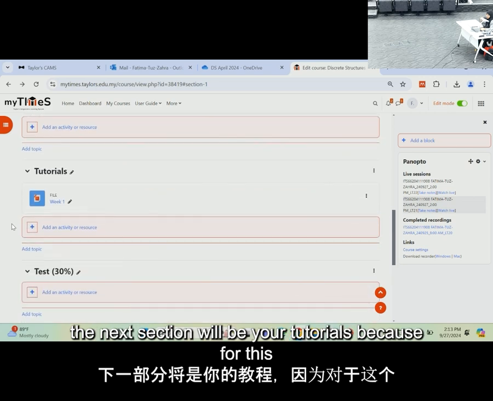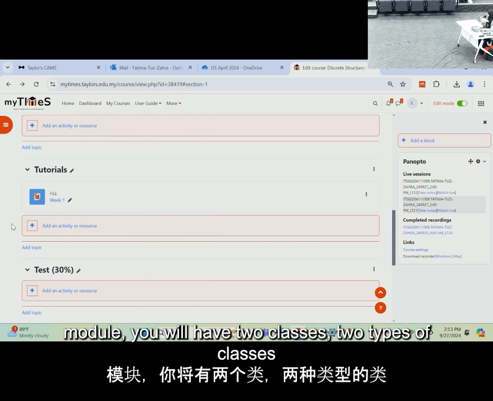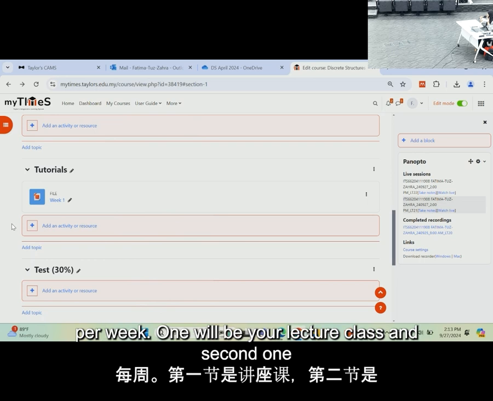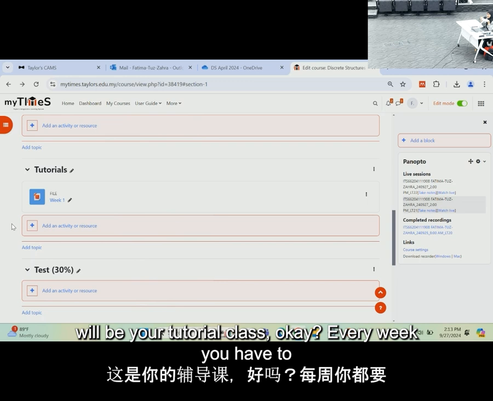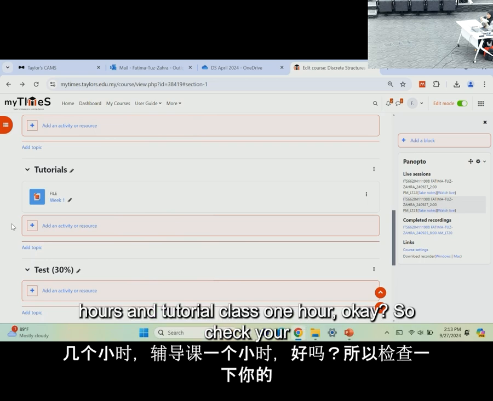The next section will be your tutorials, because for this module, you will have two types of classes per week. One will be your lecture class, and the second one will be your tutorial class. Every week, you have to attend two classes: the lecture class, today's class of 2 hours, and a tutorial class of 1 hour.